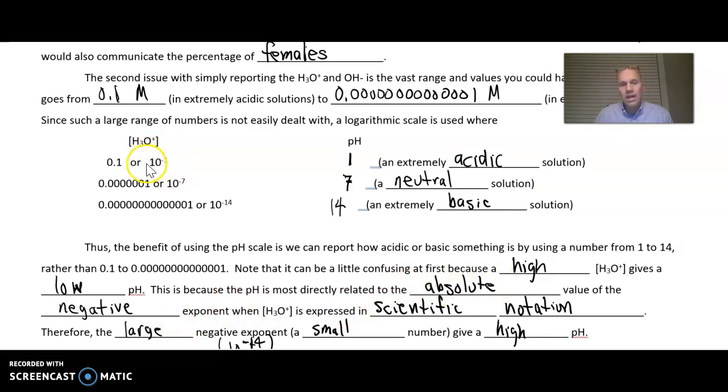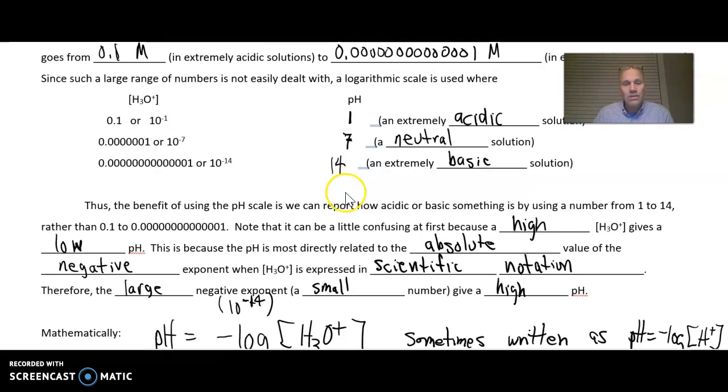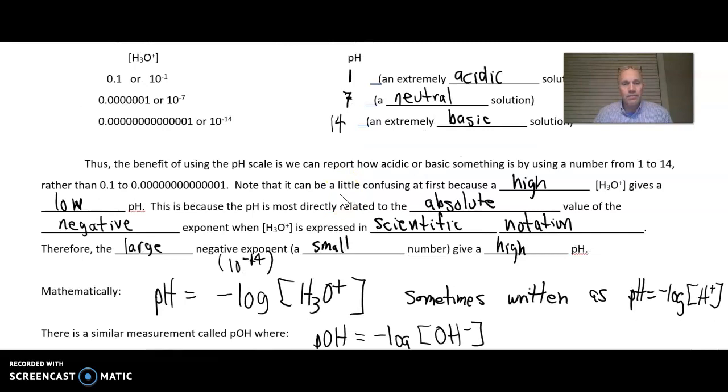A large number has a relatively small negative exponent right here, whereas the small number has the relatively high negative exponent right here. And if you're taking the absolute value of those negative exponents, you're going to see that what's high in terms of the bigger numbers here are going to give the lower pHs. So it takes a little bit of time to get used to that, but you will get used to that.